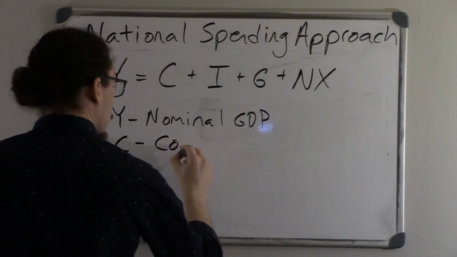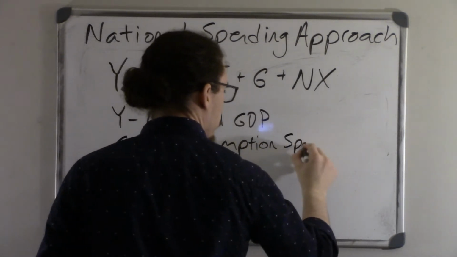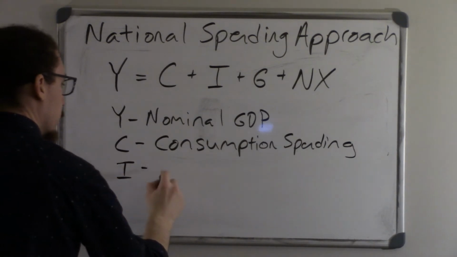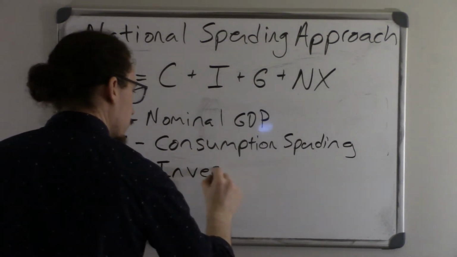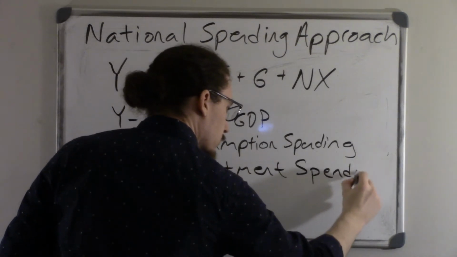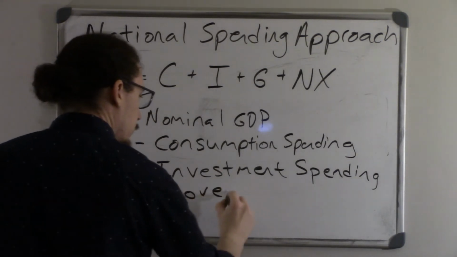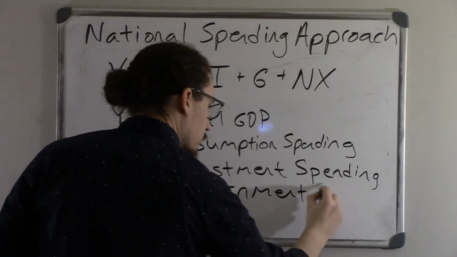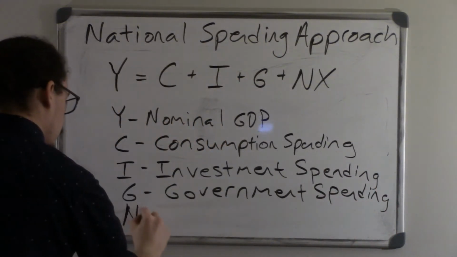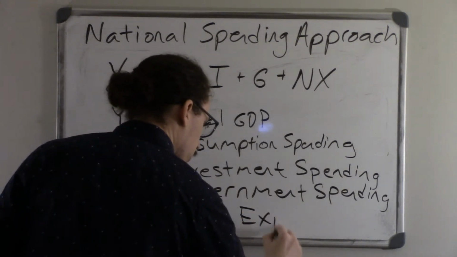C is consumption, or consumption spending. I is investment spending. G is government spending. And NX is net exports.